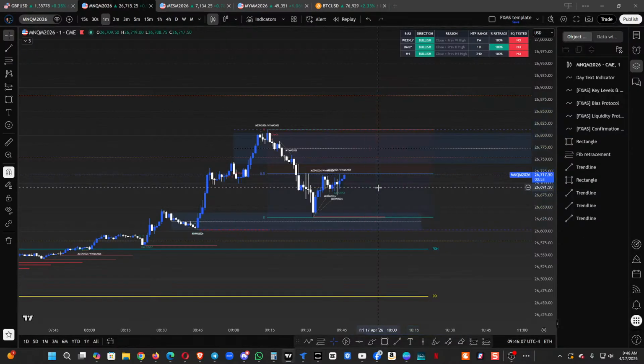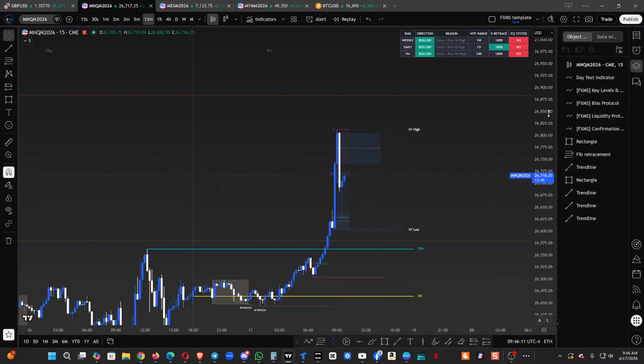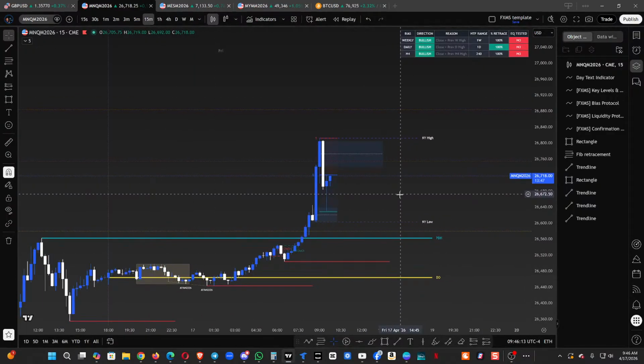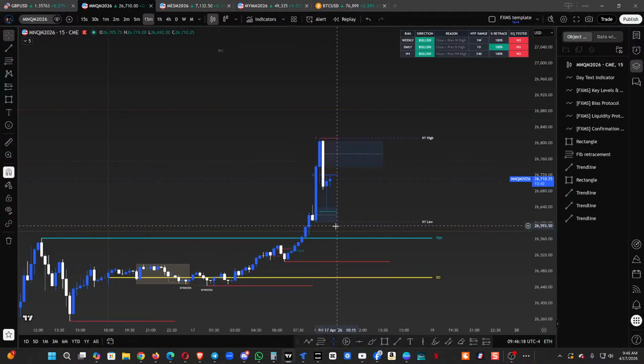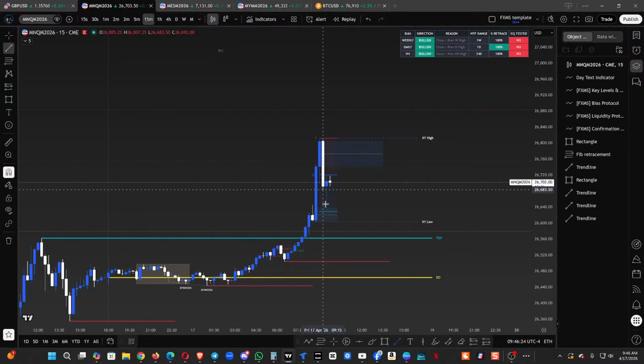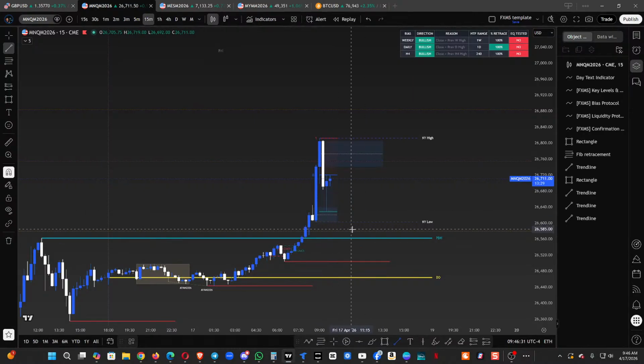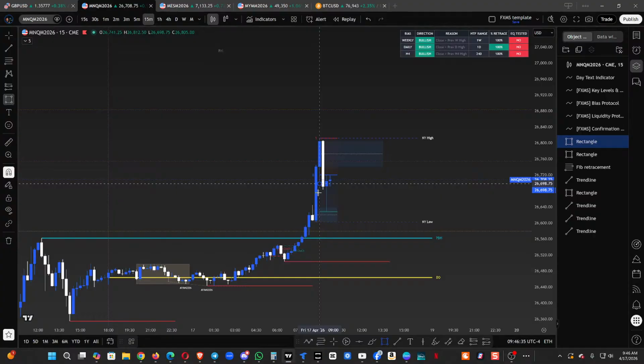All right, the only thing that is not as strong is that we don't have that 15-minute, like I said, that 15-minute change of character. If we had that and the inversion here, it would make a much stronger case for price to go lower. And then obviously the target wouldn't be the low anymore because we'd have the low taken at that point. So the stronger sell confirmation would be like we'd invert this imbalance here.